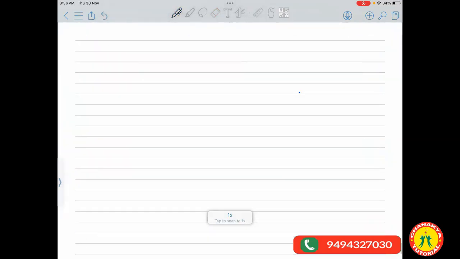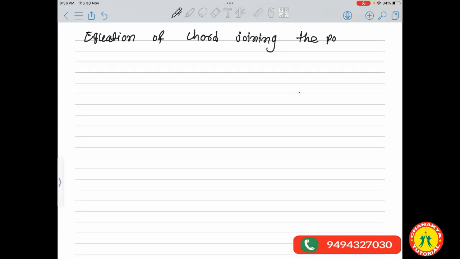So now the topic is the equation of chord joining the point P, that is a cos alpha, b sin alpha, and point Q, that is a cos beta and b sin beta.